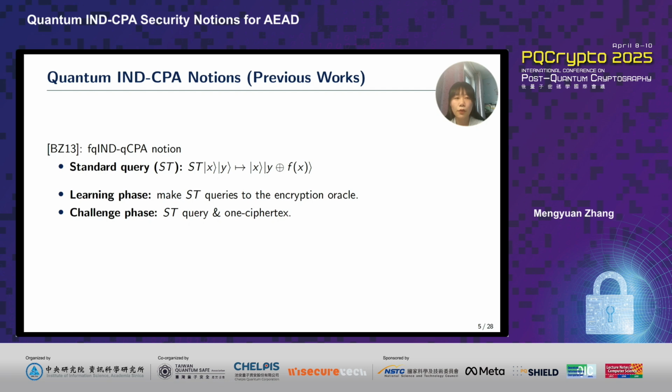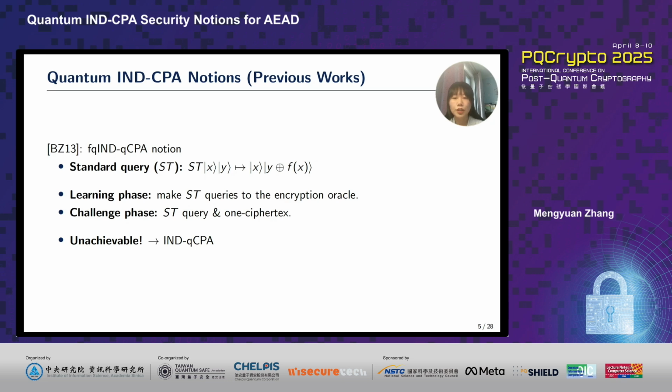They consider the following settings. That is, the adversary is allowed to make standard quantum queries to the encryption oracle in both the learning phase and the challenge phase, where the standard quantum query is modeled as an oracle that maps |x,y> to |x, y XOR F(x)>. And the return type of the challenge ciphertext is one ciphertext.